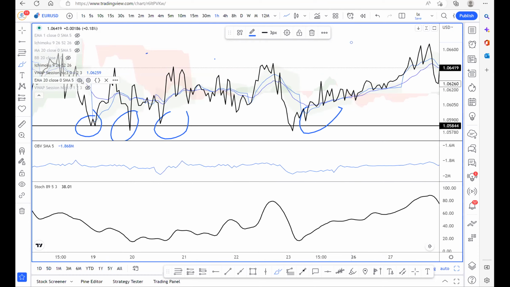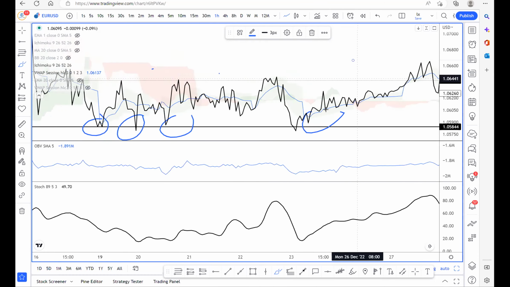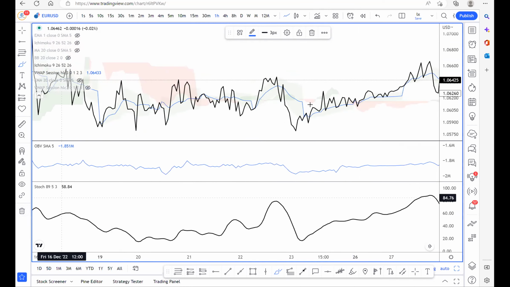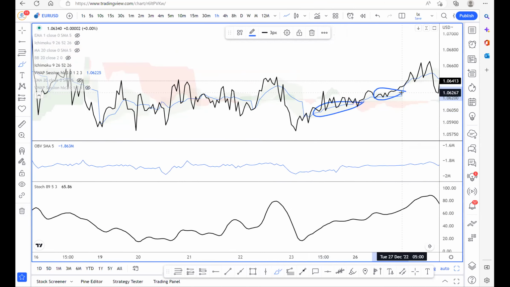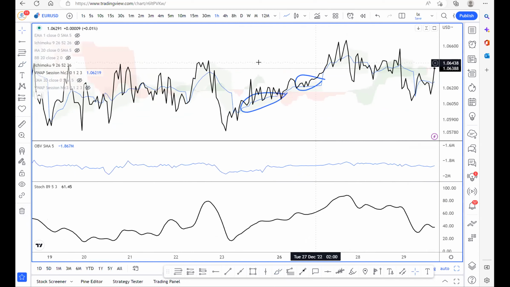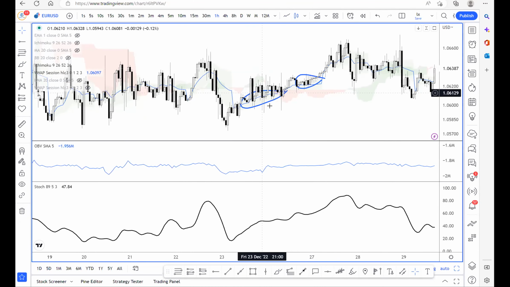So in this case, if I were to remove the moving average, you can see that this line that we're currently seeing is the average price over a specific time. So essentially when price comes into this region, you can see how it came and tested this region as a support. And then again over here, price held as a support region before it continued to the upside. So VWAP itself can act as a dynamic support and resistance level.